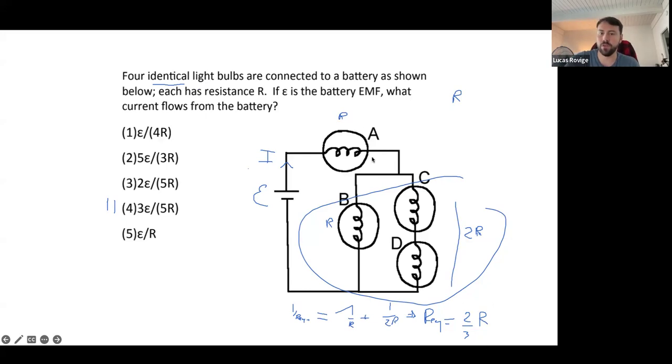So we have 2/3 plus 1, which is 3/3, and then we have this, which is 1. So that's 5/3.